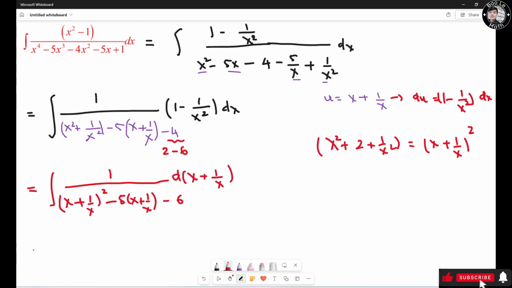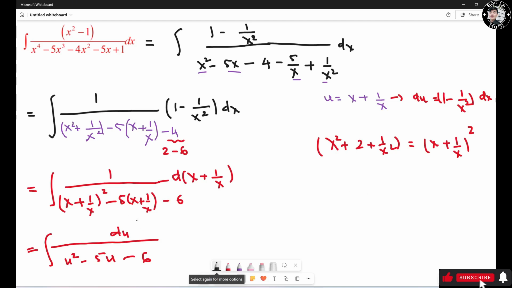So this can be written as the integral of du over u squared minus 5u minus 6. Then we can do the fraction decomposition to split the bottom.